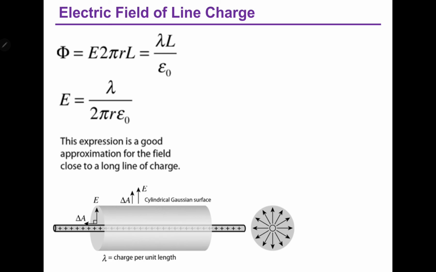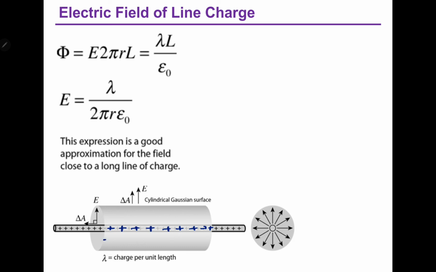Okay, so let us see some other configuration, like the electric field of a line charge. If there is a line charge like this one, look at here, the charge is like a line, one dimensional.